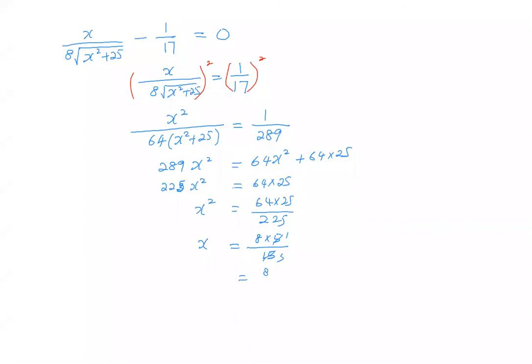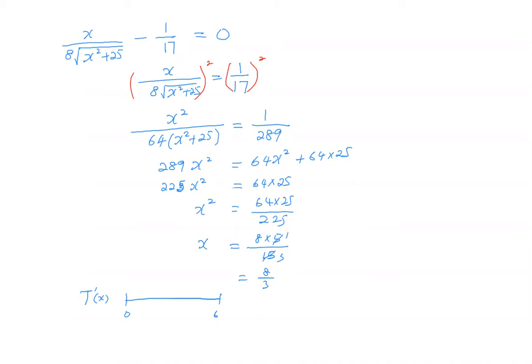So 8/3. So now they say explain the significance of this value. So what I need to do is I need to draw the sign diagram of t prime x. So if you key that into your calculator, because they didn't tell you it's maximum or minimum, you have to draw within the domain.